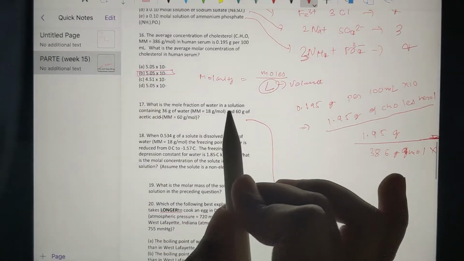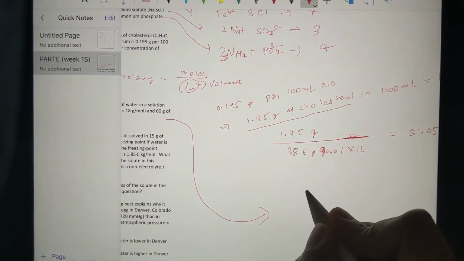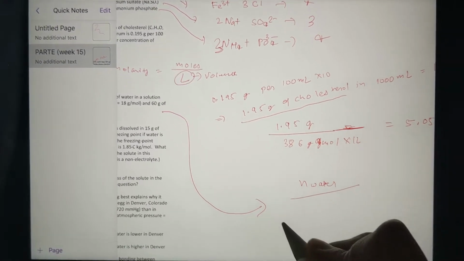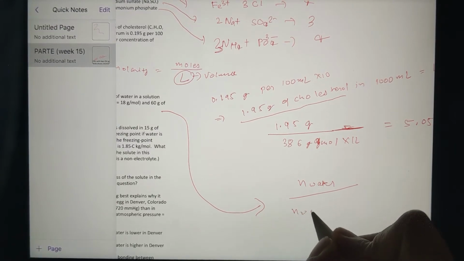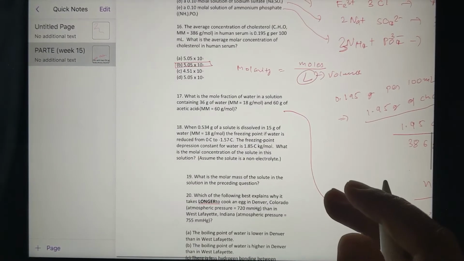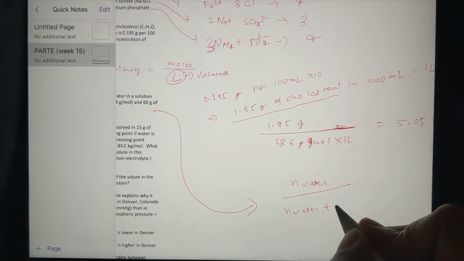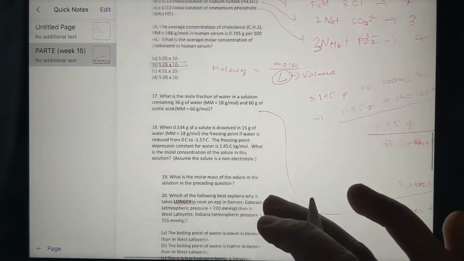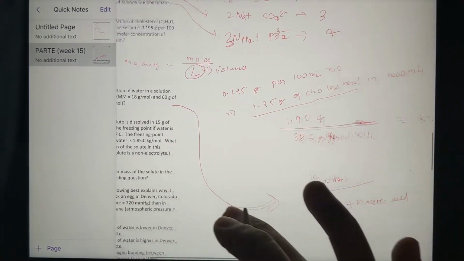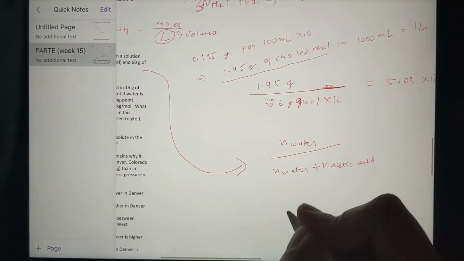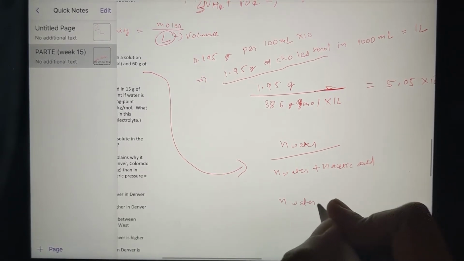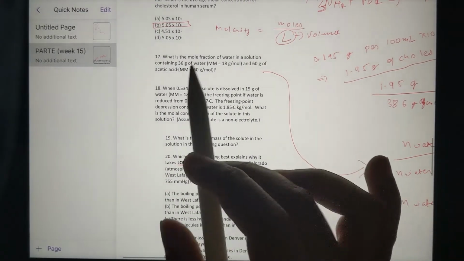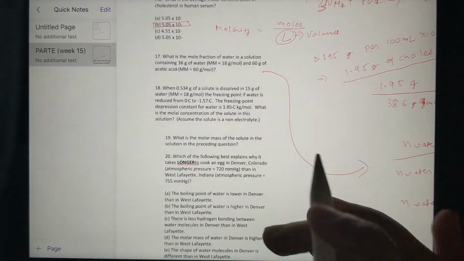To find the mole fraction of water, you have to take the number of moles of water, divide it by the number of moles of water plus the number of moles of acetic acid. Okay, so let's calculate these two. Number of moles of water is the weight of the water divided by the molar mass of the water. So weight is 36 gram and molar mass is 18 grams per mole.